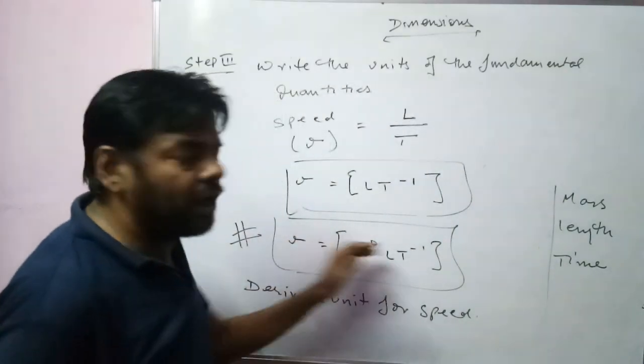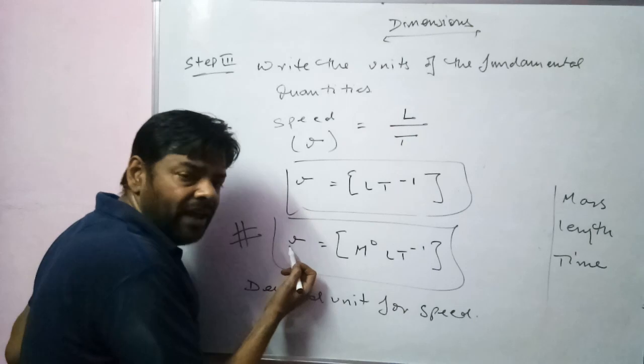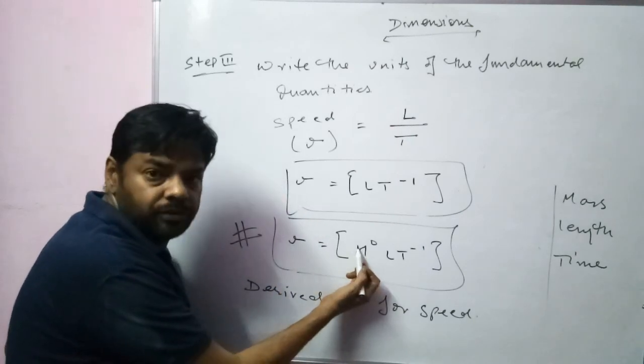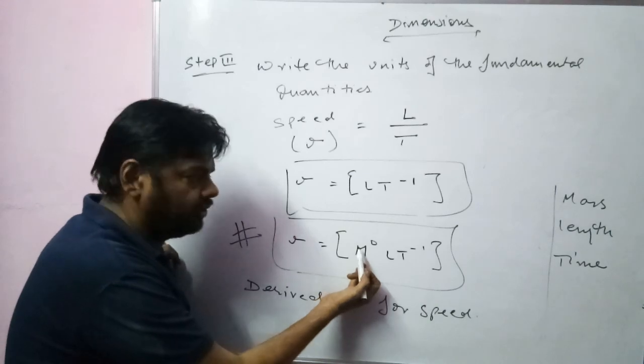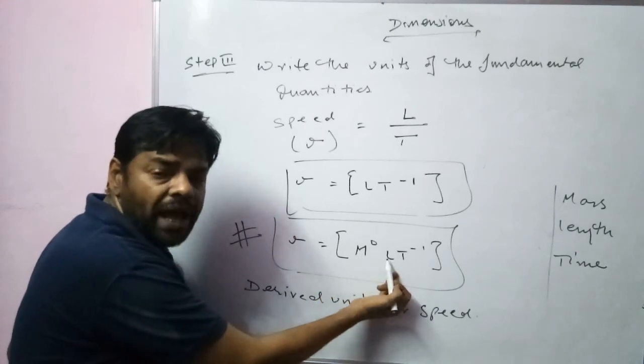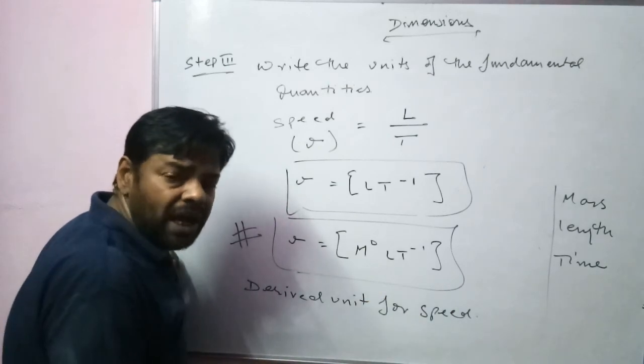Clear? So we read this derived unit as: speed has 0 dimensions in mass, speed has 1 dimension in length, speed has minus 1 dimension in time.